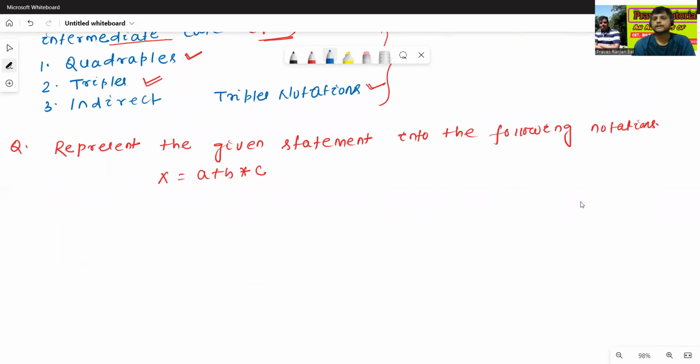Okay, first a question is given: represent the given statement into the following notations, like quadruples notation, triples notation, and indirect triples notation. So the first notation is called as quadruple notation.